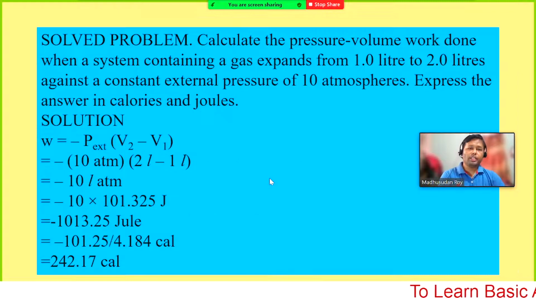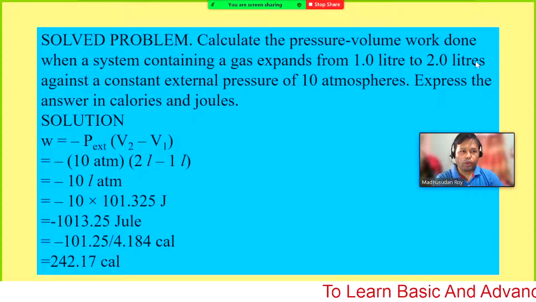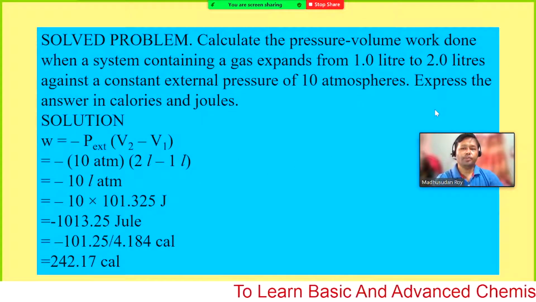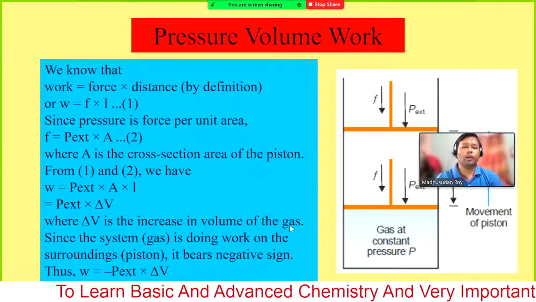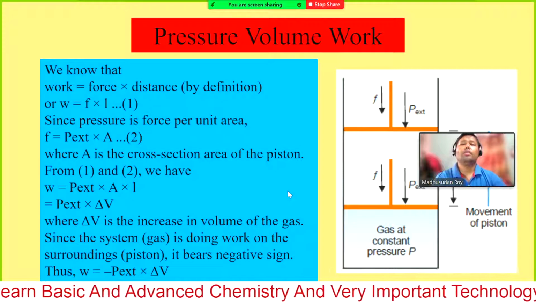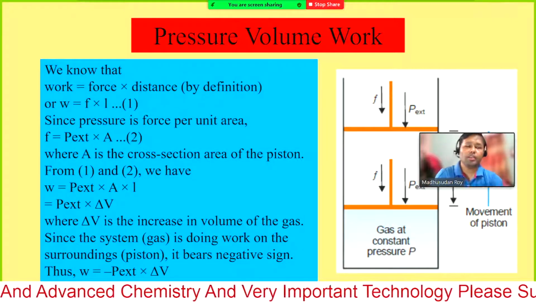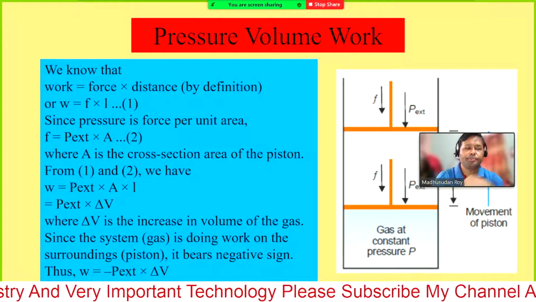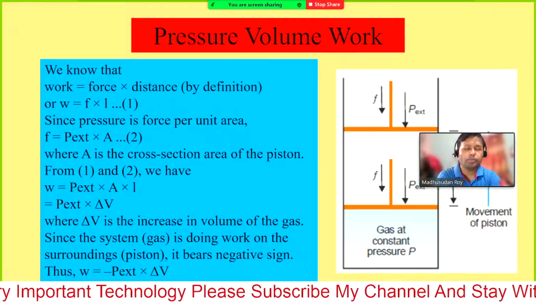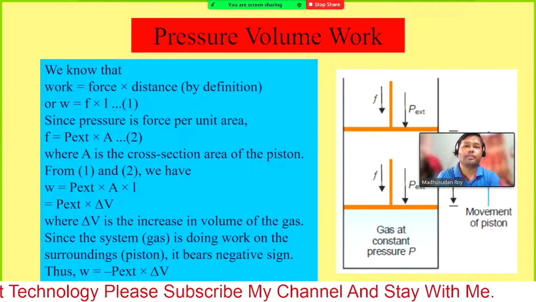So what is going on here? If the volume increases, is the work performed by the system or over the system? In the mathematical problem I have mentioned that the volume is expanding from 1 liter to 2 liters.